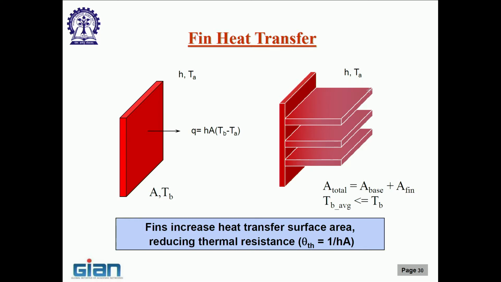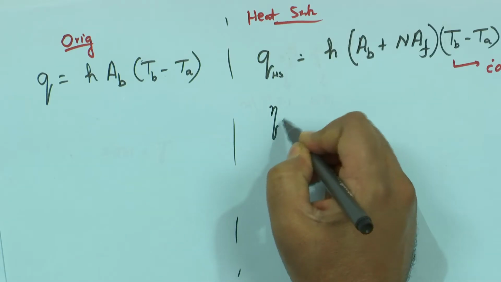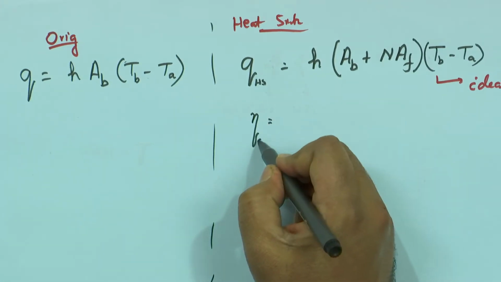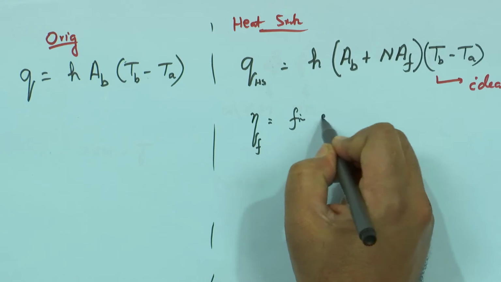Now what happens is, there is something, and I am not going to get into the details, there are ways to calculate, but there is something called eta fin, which is called fin efficiency.